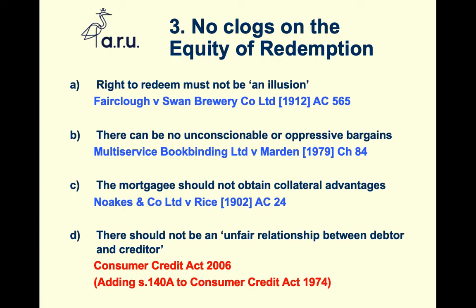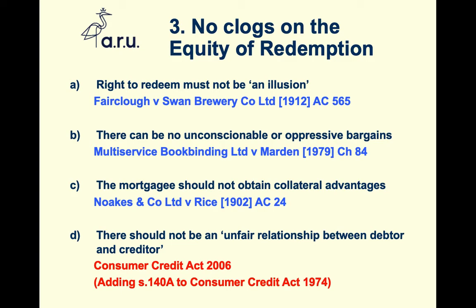There can be no unconscionable or oppressive bargains in how the bank behave as regards the mortgage terms or the mortgage agreements. In Multiservice, we could see a hard bargain was enforceable where the borrower and lender were deemed to be equal, and not an experienced mortgagee taking advantage of an inexperienced borrower.